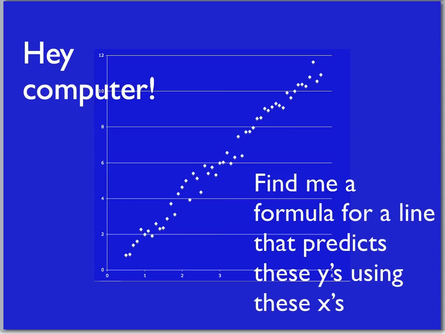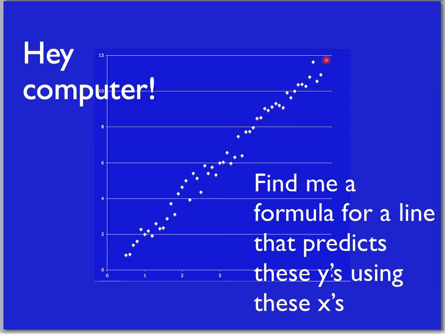Now what do you do? Once you've figured out what you think the formula is going to look like, you perform a complicated technical operation. You say, hey, computer, find me a formula for a line that predicts these y's using these x's. And if you look at this set of x's and y's that I've put up here, you can say, you know what, that kind of looks to me like there ought to be a line that goes through there.